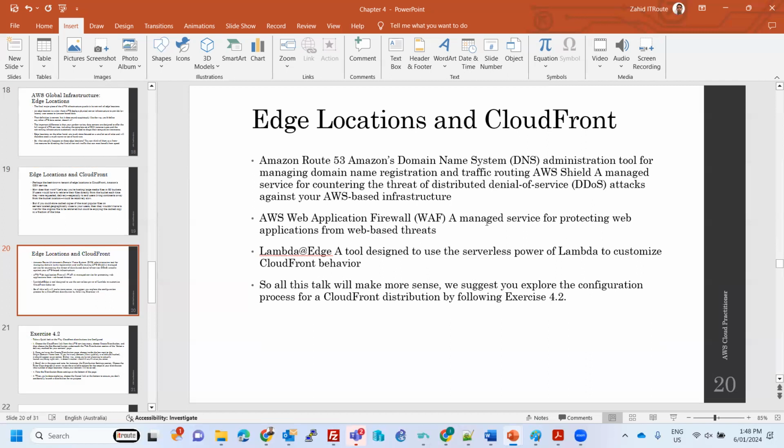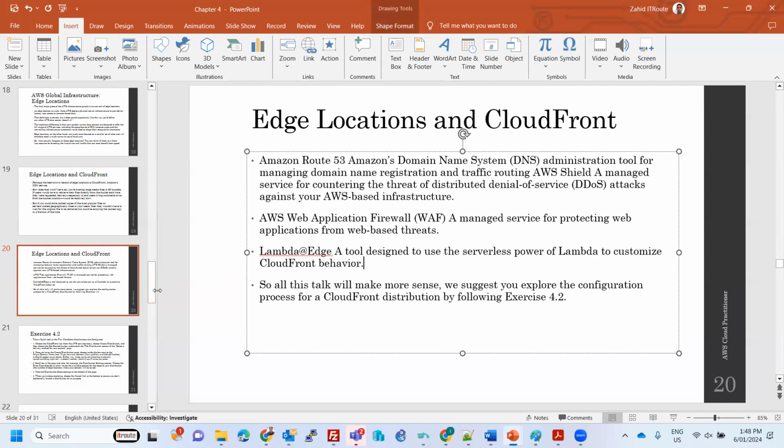AWS Web Application Firewall, a managed service for protecting web applications from web-based threats. Lambda@Edge, a tool designed to use the serverless power of Lambda to customize CloudFront behavior.